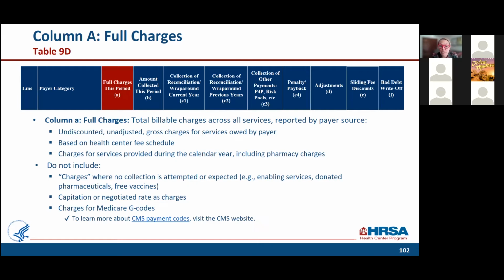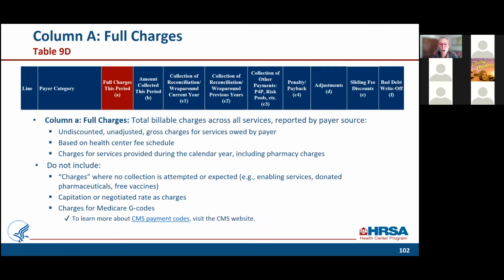Guidance for separating payer charge rates from the health center charge rates is included with question 7 of the Table 9D FAQs in the UDS manual. So that's a helpful resource if you get hung up here.